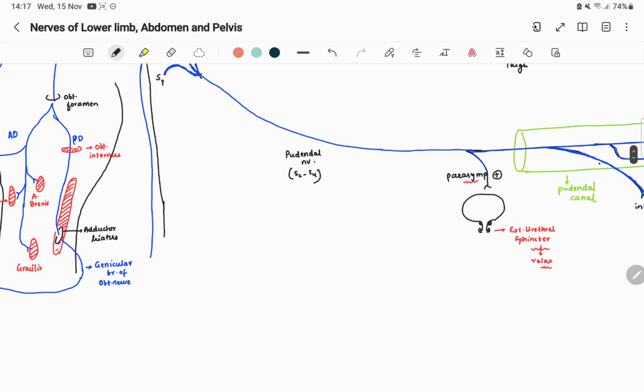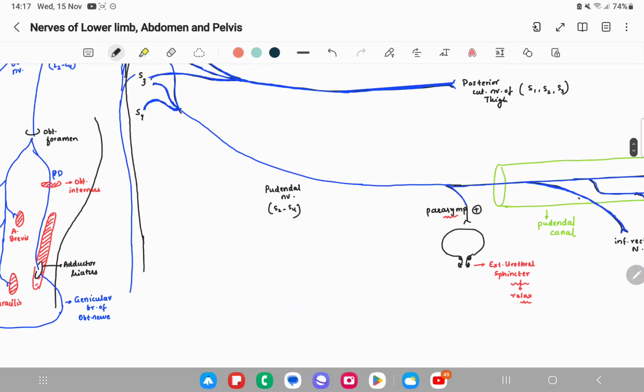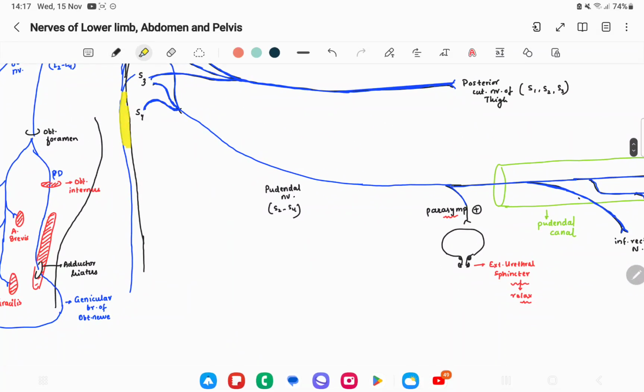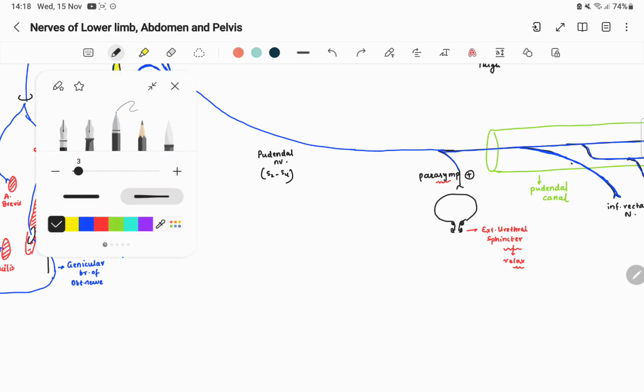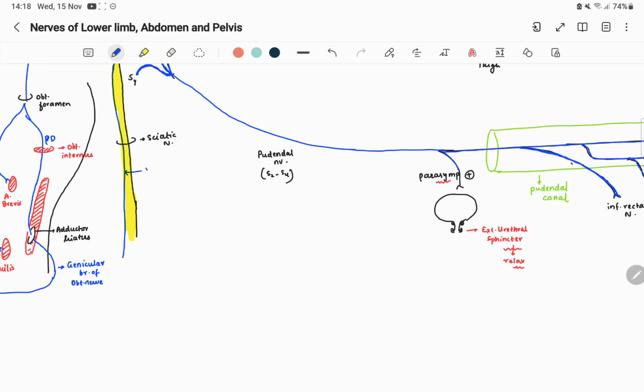So this is our sciatic nerve that is traveling. What are the parts of the sciatic nerve? This blue part, let me write it in blue only, arises from the ventral division.